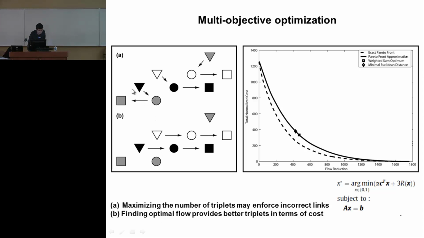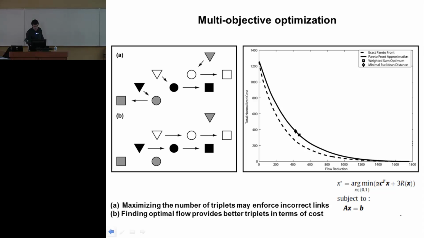This is illustrated in an example with the simple scenario: frame 1, frame 2, frame 3. The cost of this linking, because of this high angle, and also they're not equidistant, will be very high. But if we give up one level of flow and we have 2 links out of 3, we're going to gain a lot in terms of reduction of cost.